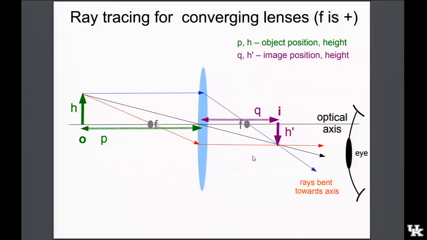So we're going to draw those rays. And then there's also a ray. The easiest ray to draw is a ray that goes through the very center of the lens. That's a ray that you can always draw, and it's always easy to draw because it just goes straight through the center, undeflected. And so let's look at those rays.